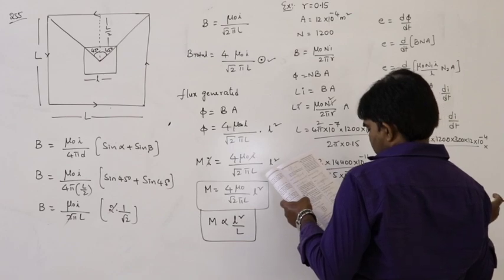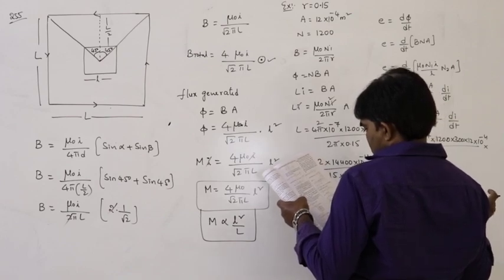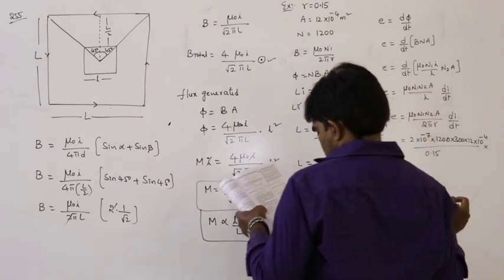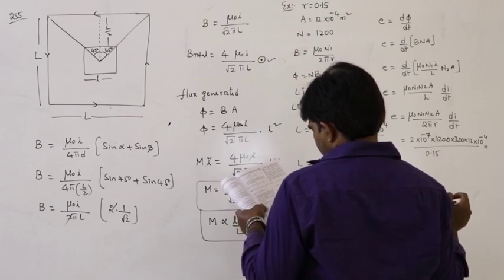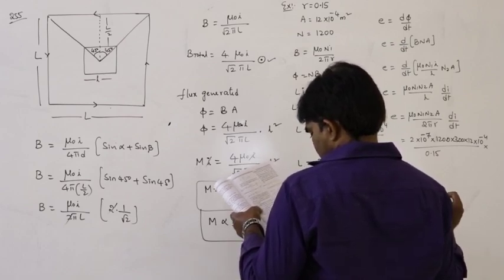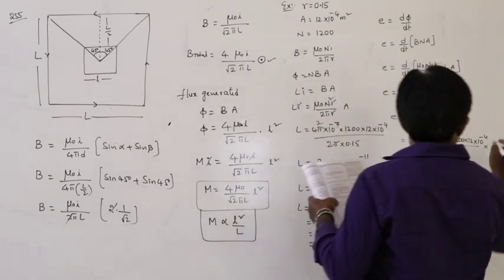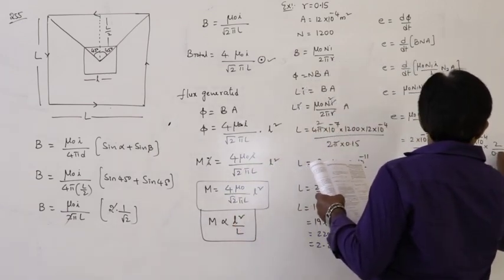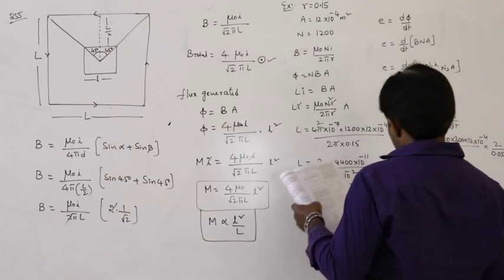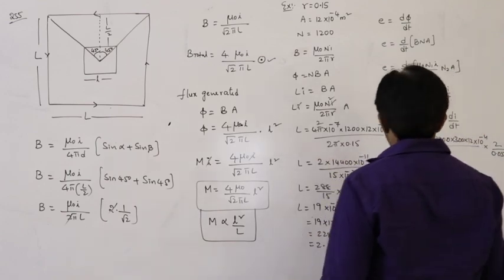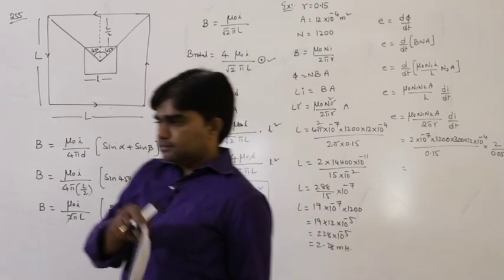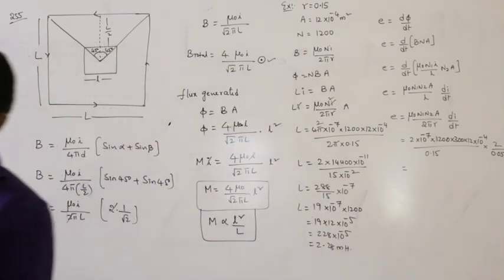Rate of change of current di by dt, how much is it? It is 2 by 0.05. You can calculate that, simple thing. So these are the examples regarding this.